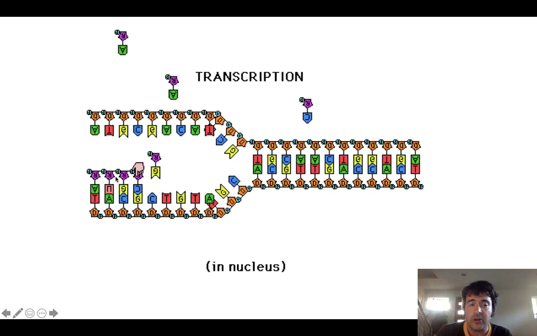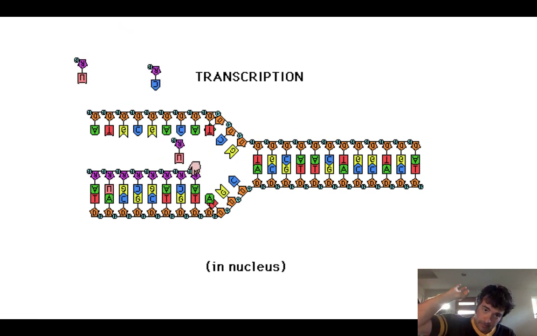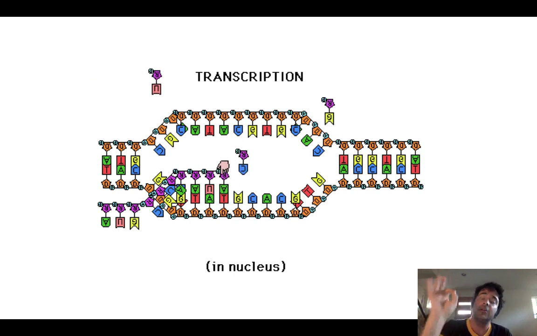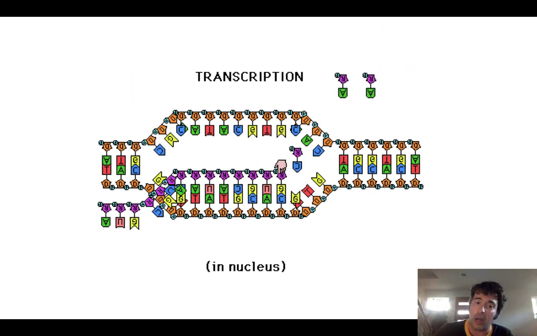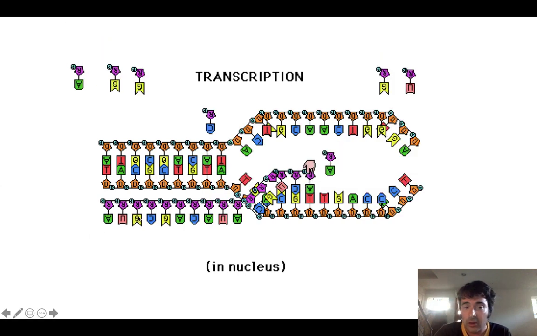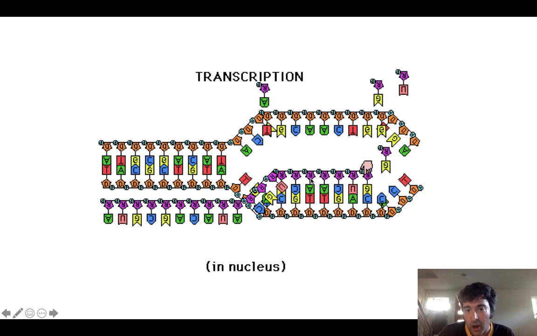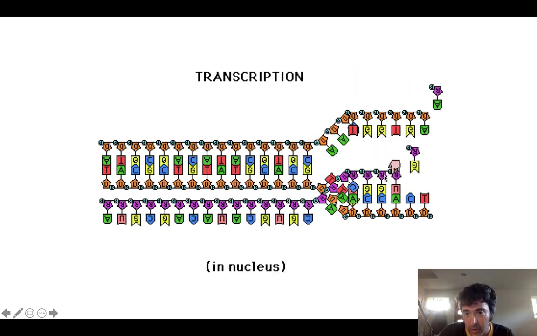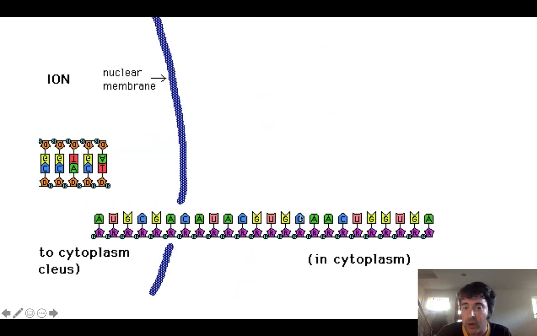So transcription is the process by which DNA is used to make RNA. The focal point here will be mRNA. So here we have in the nucleus transcription taking place. We've got RNA polymerase represented by that little hand, right? Using the information in the coding strand of DNA to make a molecule of mRNA.